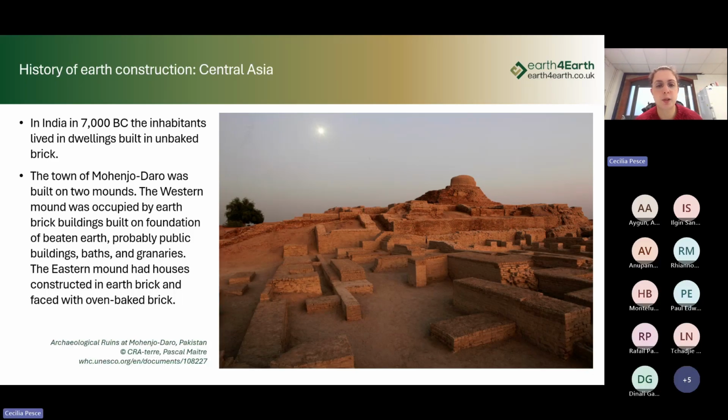In the picture, we have the example of the archaeological site of Mohenjo-Daro, which was built on two mounds, both made in raw earth. On the eastern mound, the houses were built in earth brick internally, and then they were faced with oven-baked brick outside to provide that extra protection.